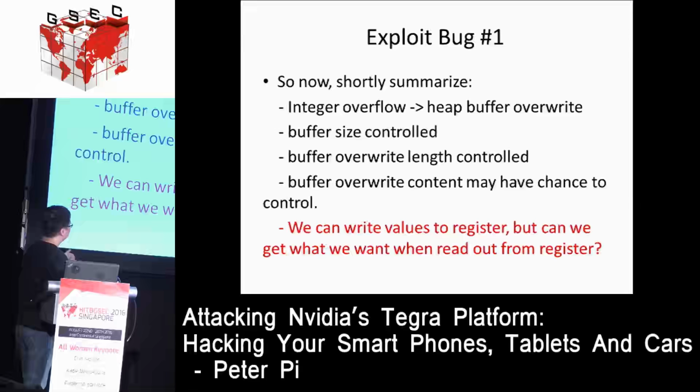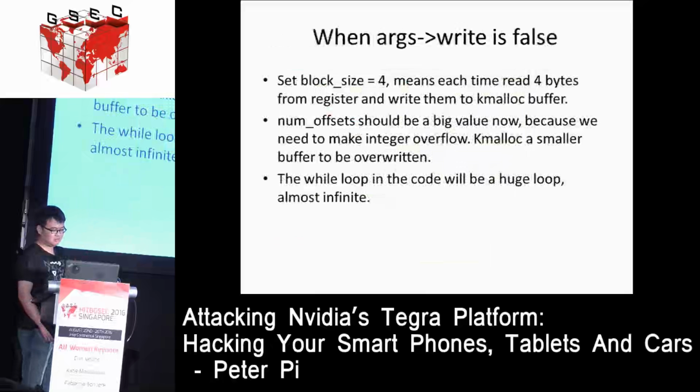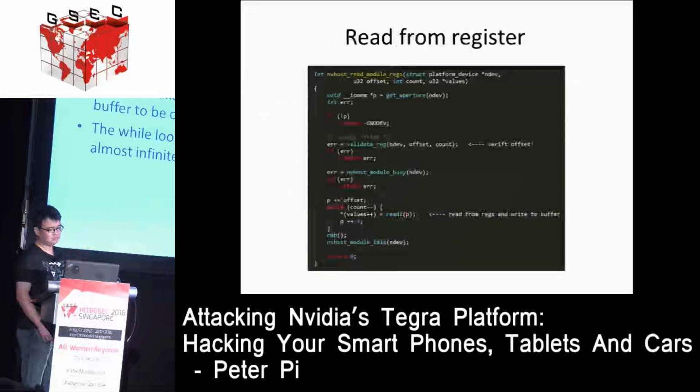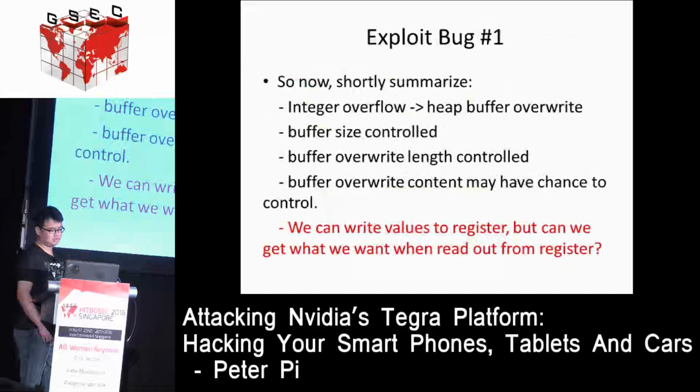We also can control the heap buffer overwrite length because we can control the offset. You can see we set a block size to 4, and each time overwrite 4 bytes and set a big offset to break, so we can control the overwrite length.